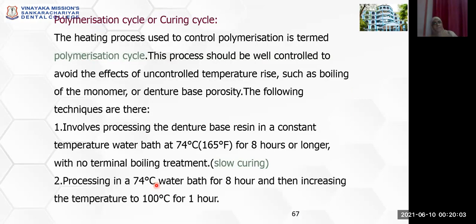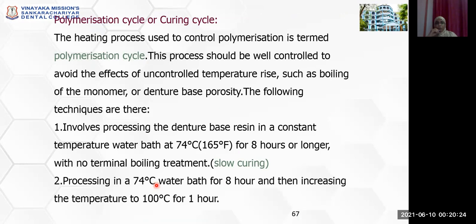Then you will place it in water and cure it by means of heat, because it's a heat activated resin, so you use heat as an activator. And in the polymerization cycle, you have two types of cycles: either a long curing or a short curing.